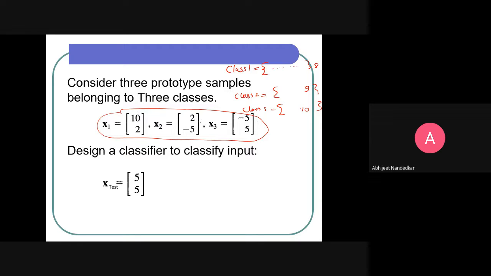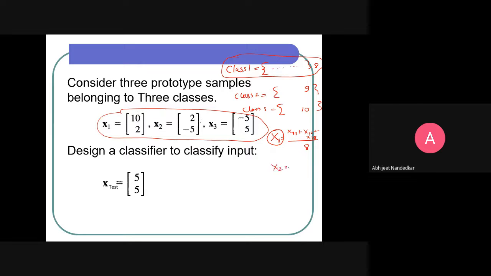What you will do is take the class 1 samples and find the prototype x1 equal to the first sample x1_1, then x1_2, and so on up to x1_8, divided by 8. That will give you the mean.